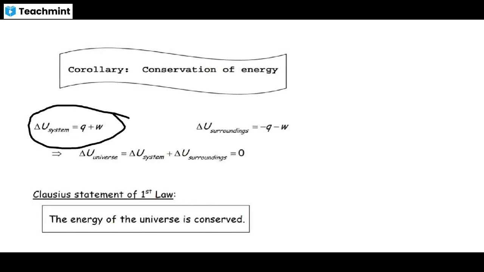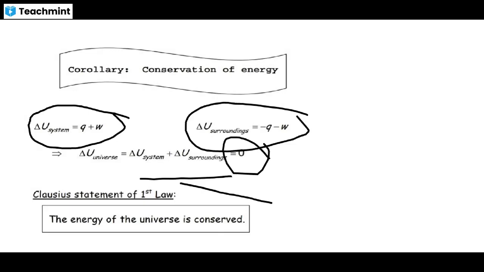For the surroundings, the heat is negative and the work is negative, and when you add these two you get zero. This is the first law: the energy of the universe is conserved.